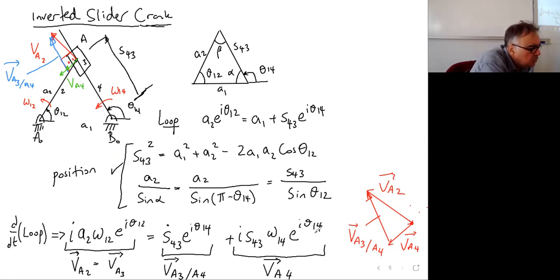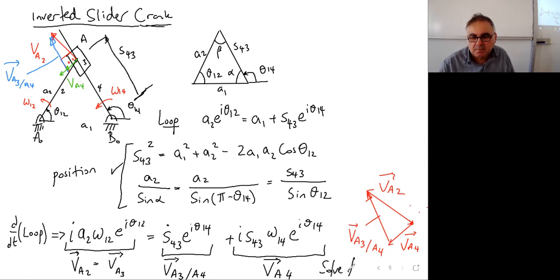It is possible to solve here for the unknowns. I'm not going to do it. It's relatively straightforward to solve for them. Two equations with two unknowns. Okay, so basically we can solve for, what was it?